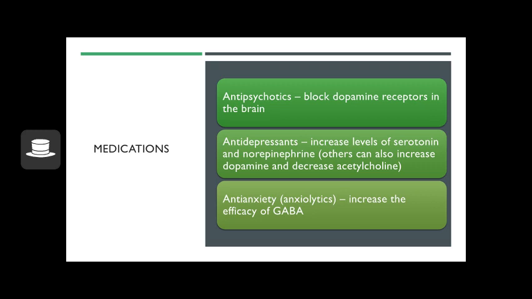I don't like the way it makes me feel. Can I switch to something else that's not going to affect my appetite? So we're constantly balancing the side effects and the potential benefits of taking the drug, right? I gained 5 pounds, but I'm no longer suicidal. That's okay, right? Then we have anti-anxiety medication, anxiolytics. These help calm the brain down by increasing the efficacy of GABA.